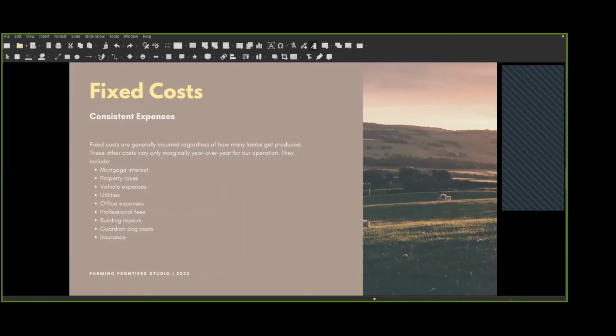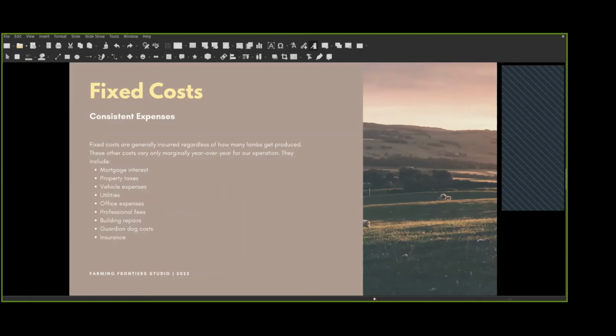And they're probably going to be incurred regardless. So it's mortgage interest, property taxes, vehicle expenses. So our fuel bill for the pickup truck to run and grab feed, which is almost the same every year, probably won't be this year. Utilities, office expenses, professional fees, which is almost nothing because I can do my own.